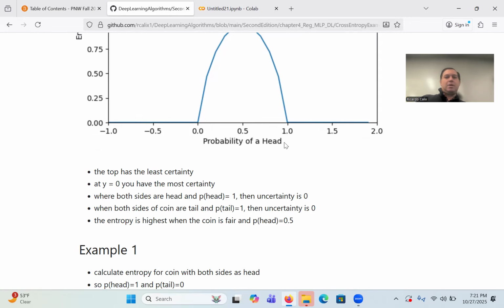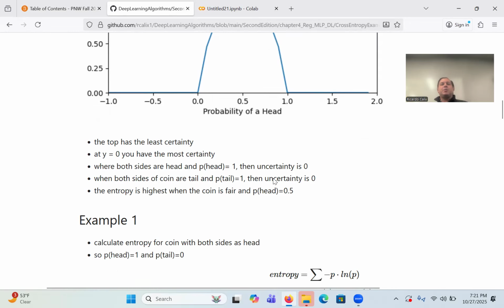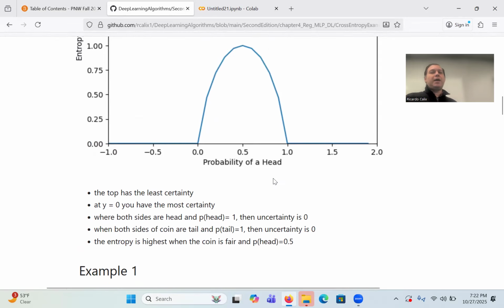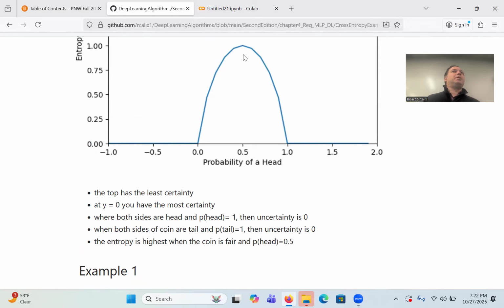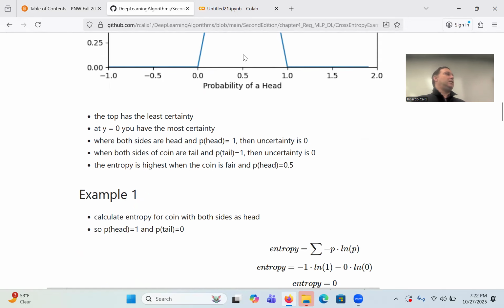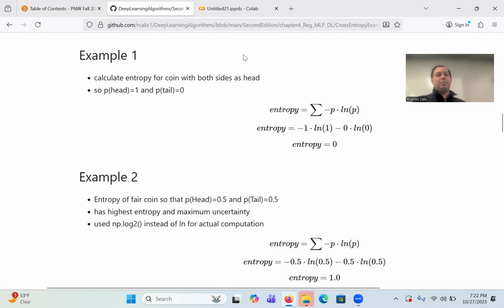Got it? So the entropy is highest when the coin is fair and p head is 0.5. You can see that the equation captures that beautifully, as long as you give it the outcomes in terms of probabilities. And for this scenario, we are doing the binary probability case.